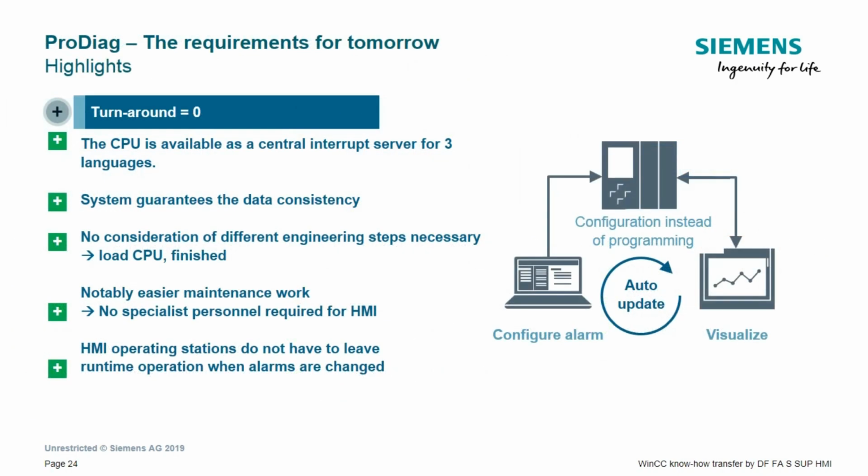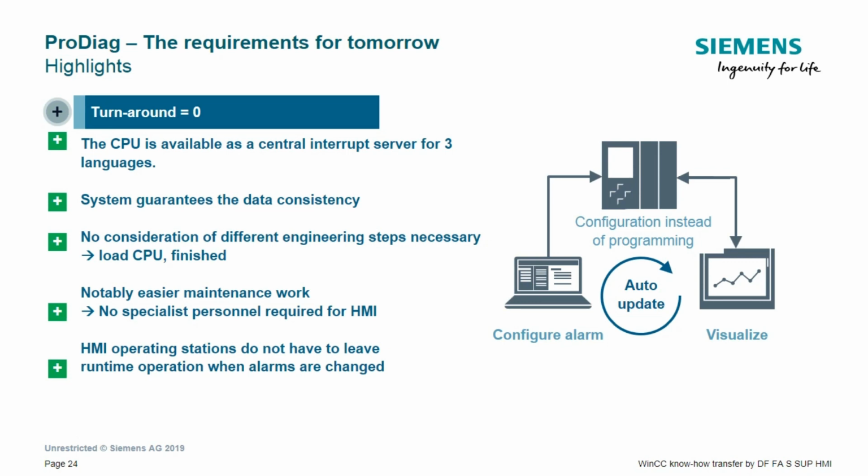So if you make changes to any alarm messages during the runtime, it does not affect your runtime because you don't have to restart the runtime. You just download to the PLC again, and the HMI gets the alarms right away. So you don't have any downtime or synchronization of your HMI. That makes it much easier, and you reduce the downtime as well.